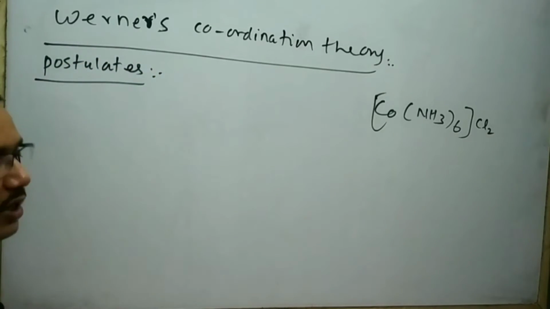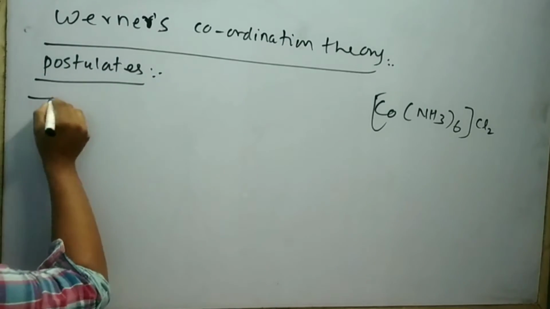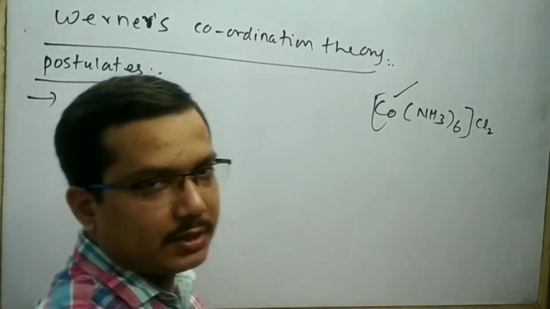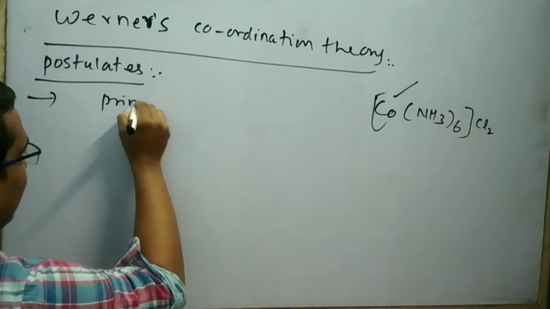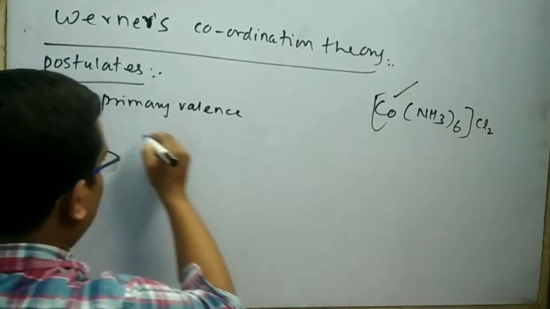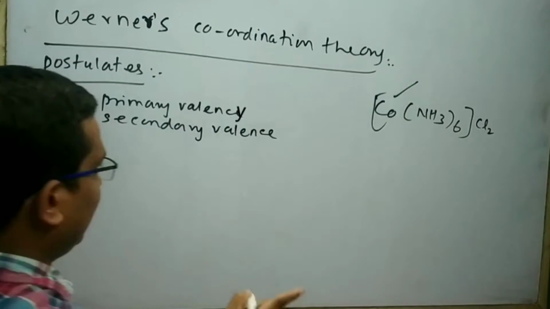of Werner's coordination theory. According to Werner's theory, the central atom cobalt exhibits two types of valency. One is the primary valency, and the second is the secondary valency.